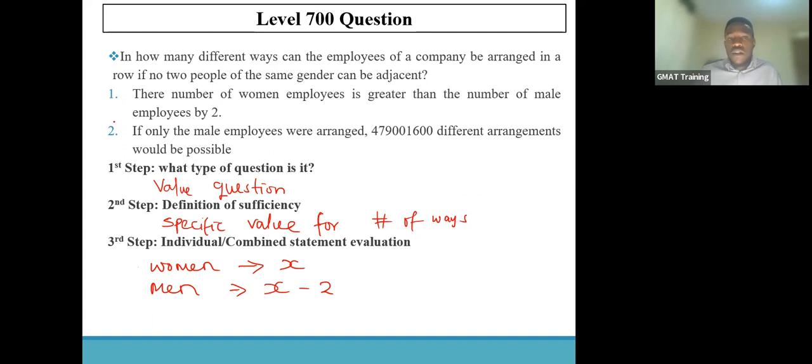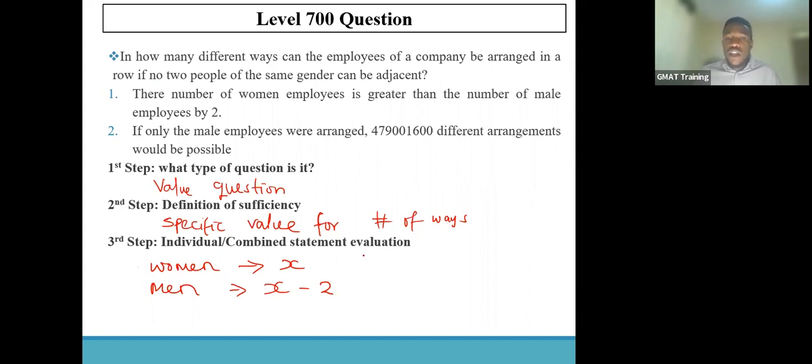Does this statement help us find a specific value for the number of ways of arranging these employees and meeting the condition? Since we've just let the number of women be X, this value of X can take any integer value, because we can't have half a person or a negative person.